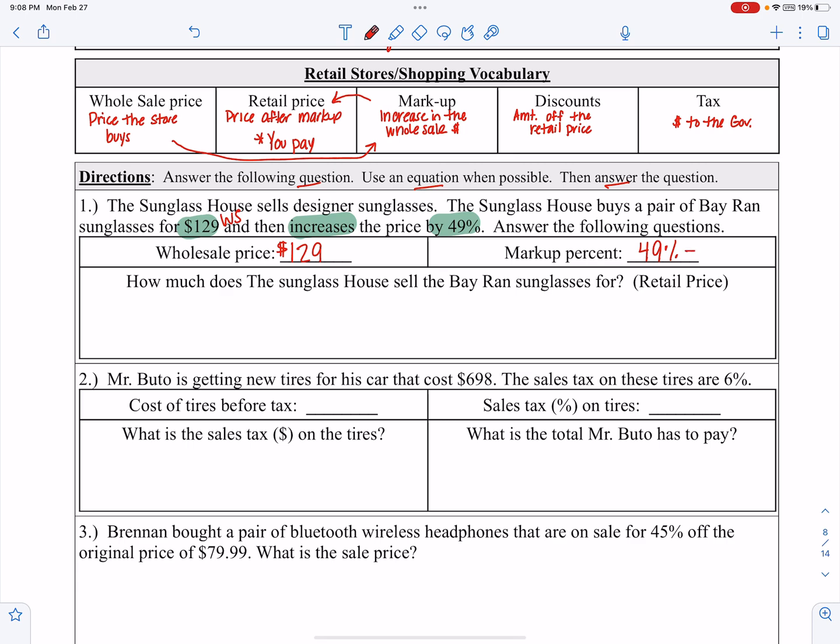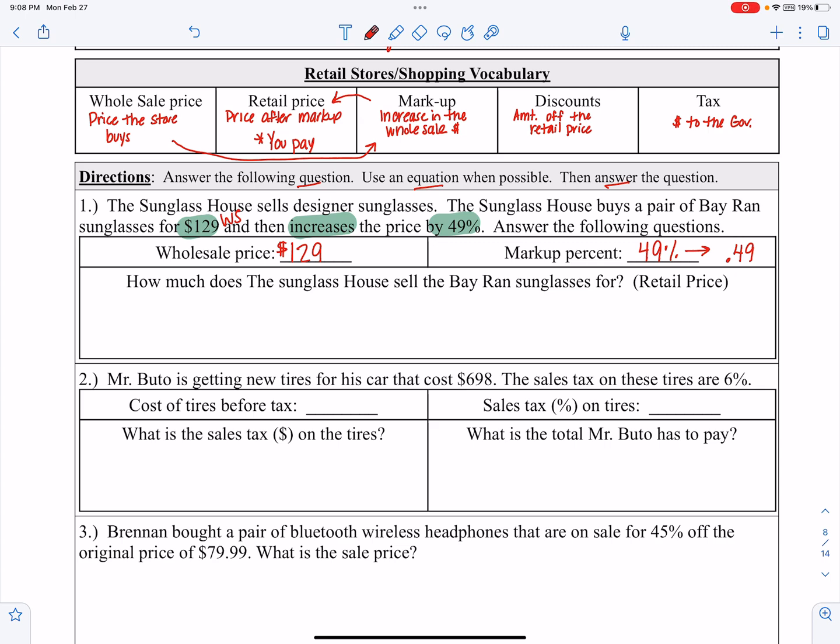Now I'm going to draw an arrow and just make note of what this is as a decimal, because we know we're going to be using the decimal work. So we do our two swoops to the left, dividing by 100, and we have 0.49 as a decimal. So how much does the Sunglass House sell the Ray-Ban sunglasses for? They want to know what the retail price is after the markup. So we need to figure out what is 49% of 129.